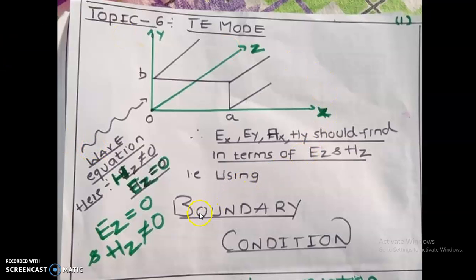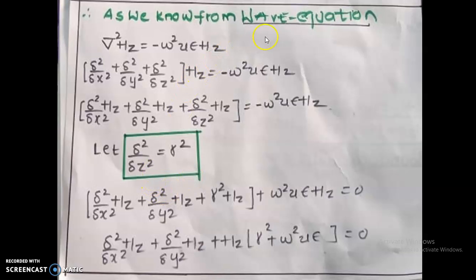Now we're going to utilize a boundary condition, as we have done in the TM mode, for finding Ex, Ey, Hx and Hy in terms of Ez and Hz. So already you know this too. Let me start the actual derivation. As we know, from the wave equation, all this stuff we already derived.